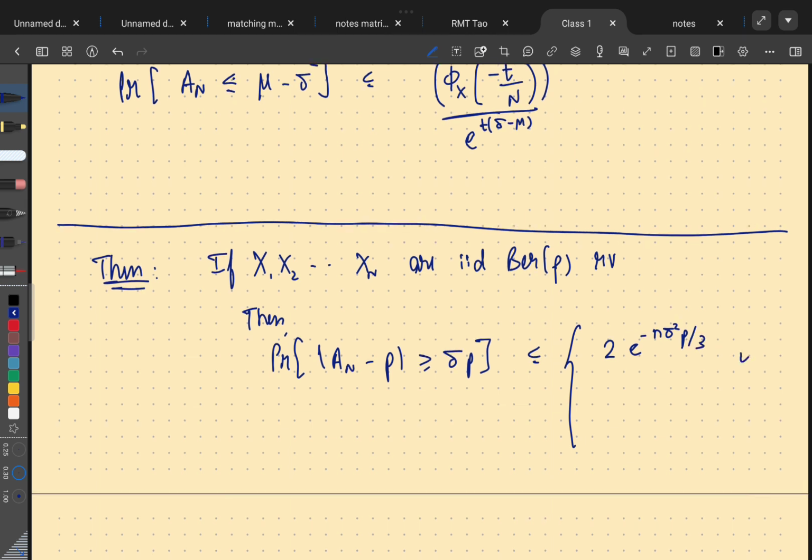This bound holds true only if delta is between 0 and 1. But it's also less than or equal to 2 times e raised to minus n delta square p divided by 2 plus delta, and this holds true for any delta greater than 0.